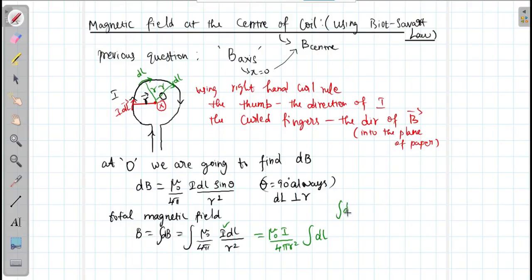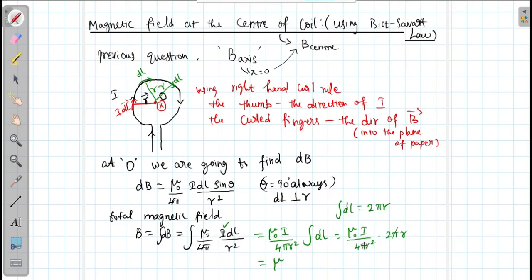Therefore, integral dl is equal to 2 pi r here. It is the circumference. Therefore, the answer is mu naught I divided by 4 pi r square into 2 pi r.